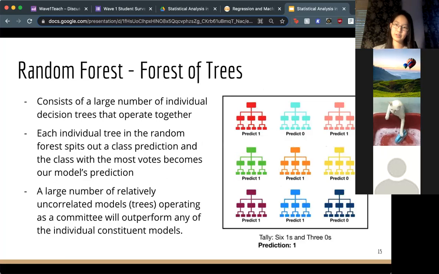You might have heard of random forest. I love random forest. It is my favorite thing in the whole world. It's called random forest because a forest has multiple trees. That's it. That's the definition. Random forest is a kind of machine learning tool that consists of a large number of individual decision trees operating all together.